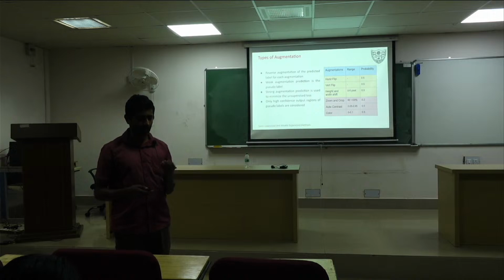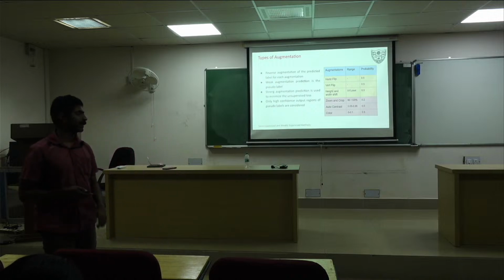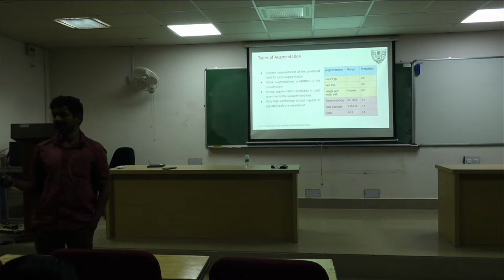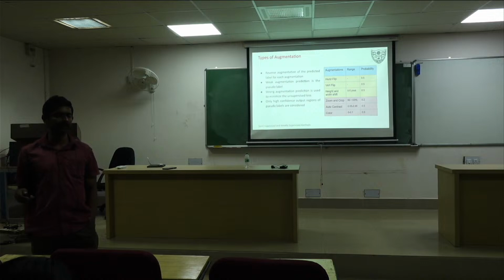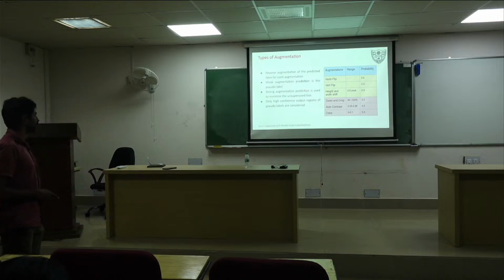So you get a value saying whether it is malignant or benign. Only if that probability is high, you try to include it in the training. So you don't include all the regions which are giving you low probabilities from the weak augmentation. That's an extra thing we had to do, because otherwise it was not converging. So that's one thing we did extra other than the basic paper.